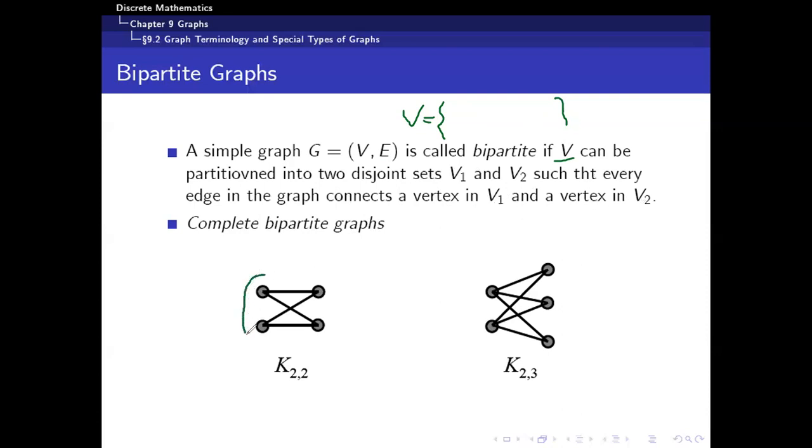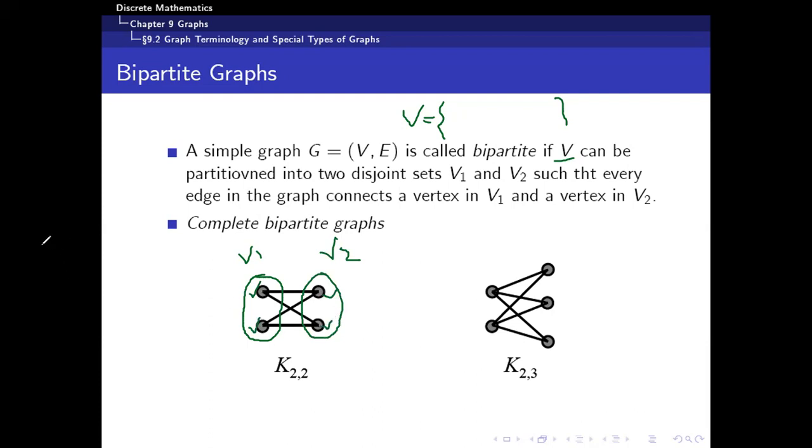Consider this is the set of V1 and this is the set of V2. So in the V1 set, there are these two nodes. In the V2 set, there are these two nodes.